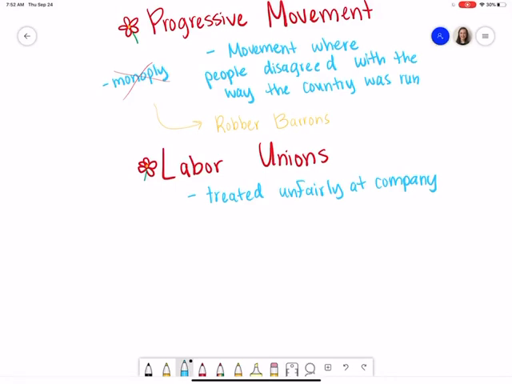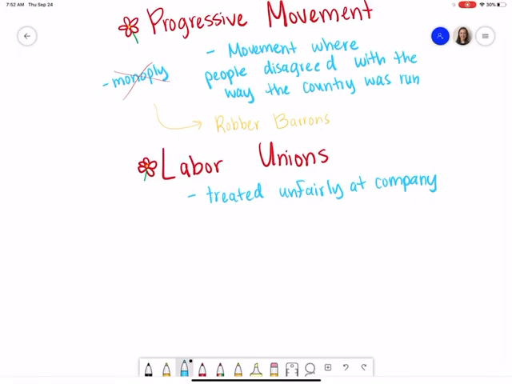Okay, so they would try to come together and say, okay, well, you're not treating your employees fair, and your employees are a part of our labor union. So we want you to treat them fair by making them work less hours.